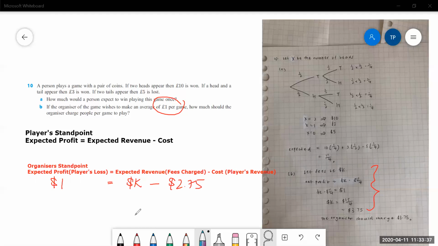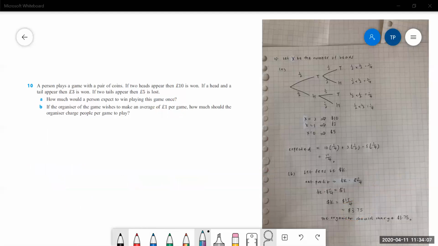So with that said, to solve for K, it will just be 2.75 plus 1. And therefore you get your answer here. I mean, this way of expressing, no problem. It's just that I want to explain using the fair game equation. Okay. Was there another question?